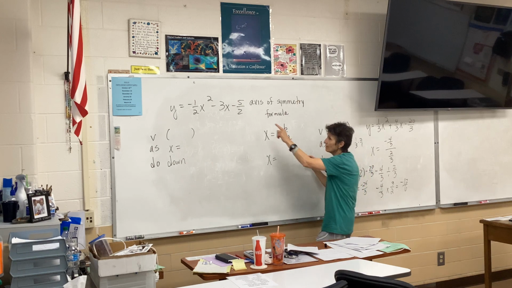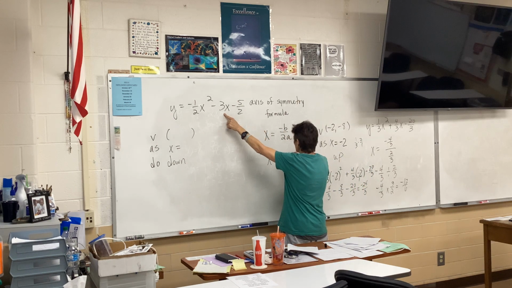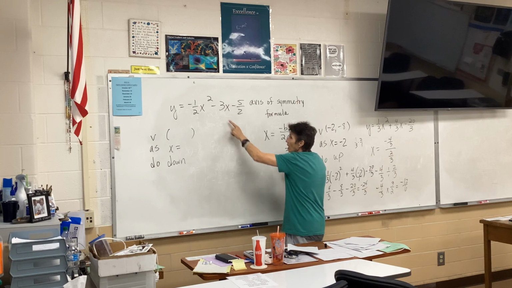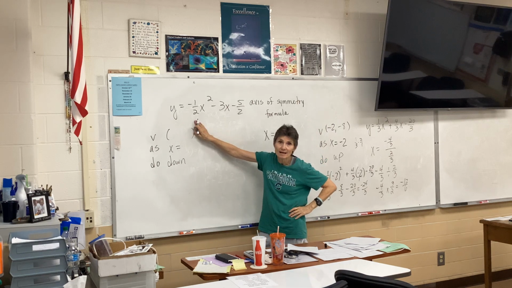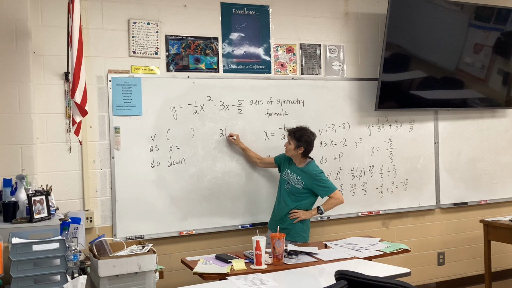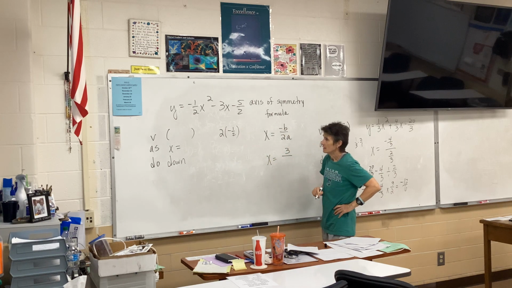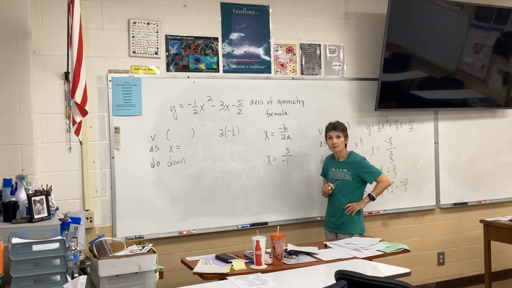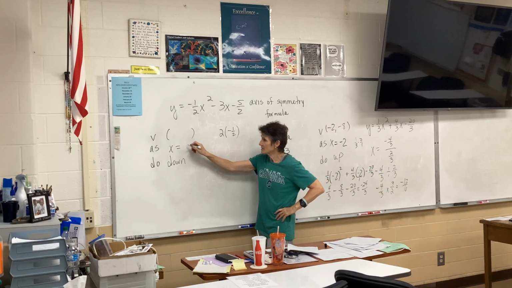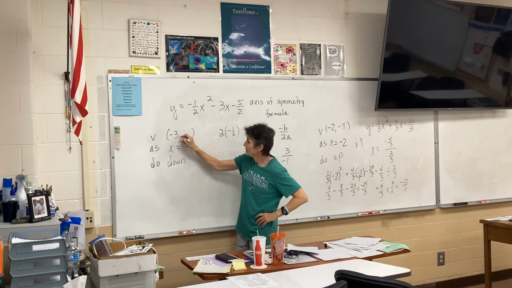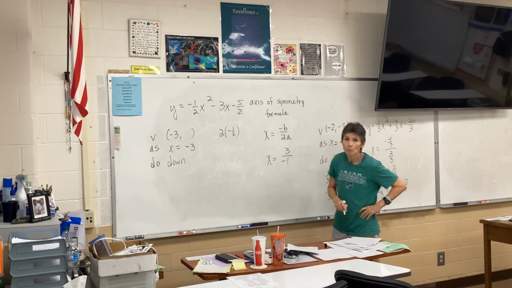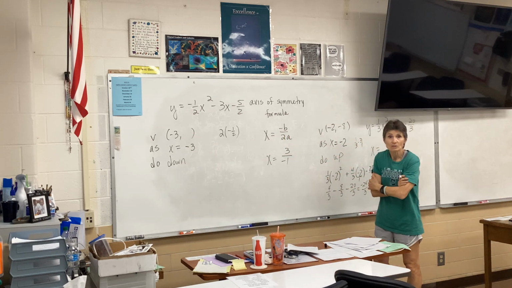X equals the opposite of B, which is 3, over 2 times A. Well, kids, this is going to be an easy one. What's 2 times -1/2? Isn't that just -1? So my axis of symmetry is -3, and that means the x-coordinate of my vertex is also -3.